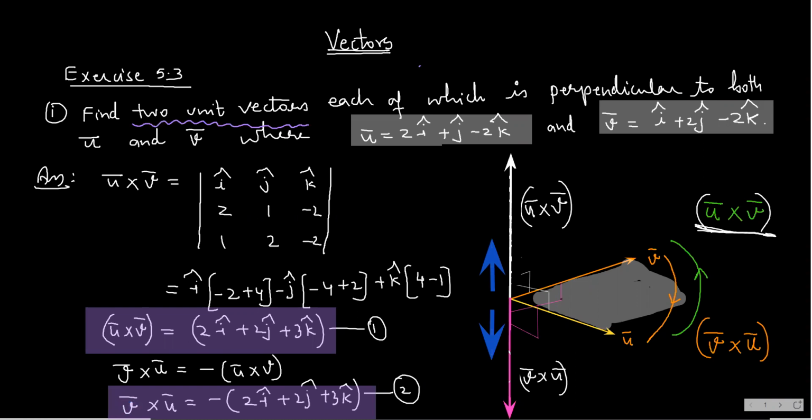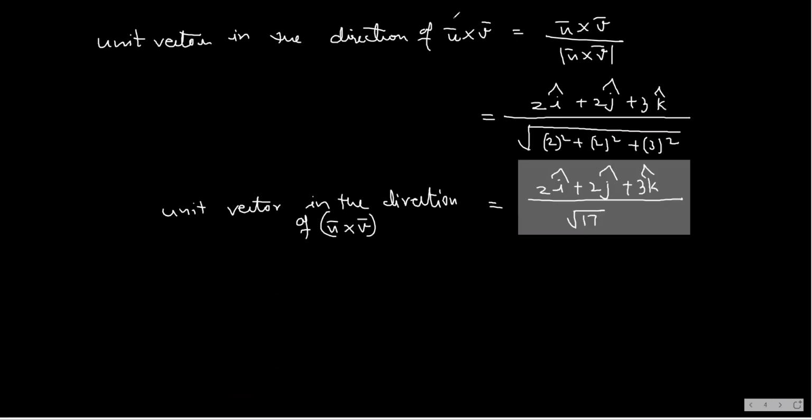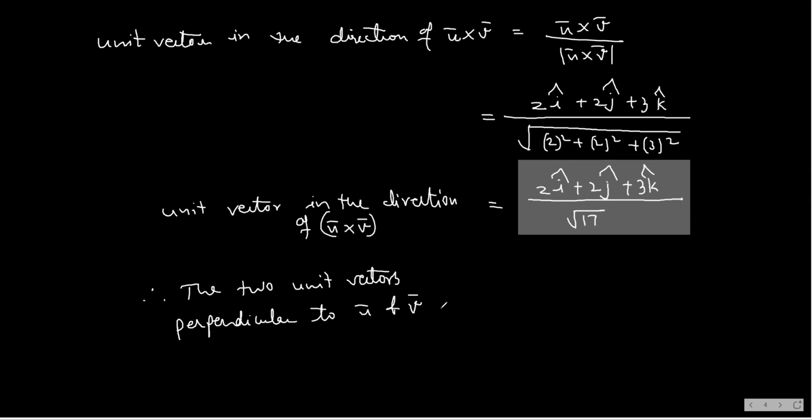Okay, so how do I get it? For that, I know this unit vector is the negative of this. So I just have to put a negative sign. Got it? Therefore, the two unit vectors perpendicular to u bar and v bar equal, this is one and it is upwards.